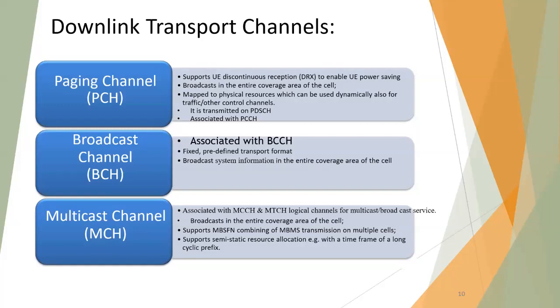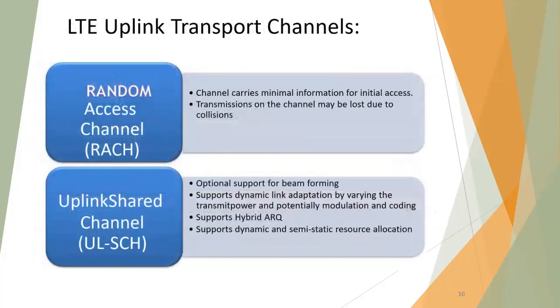Why I repeated these is because we are going to discuss the downlink transport channel processing, so we should know what the different types of transport channels in LTE are. Similar to that, there are two uplink transport channels supported by LTE.